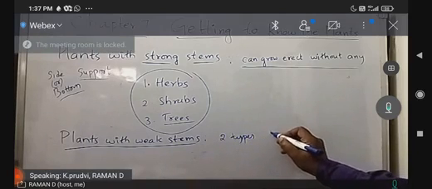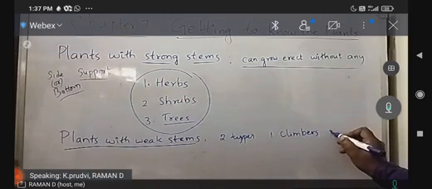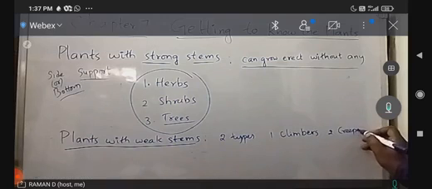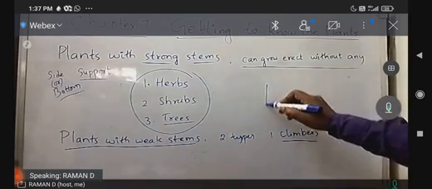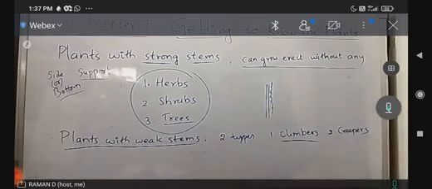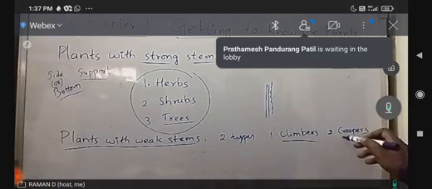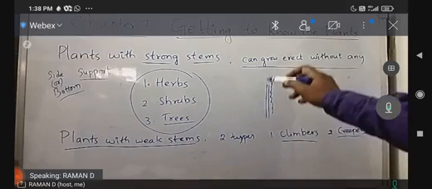Climbers take the support of some side structure and keep growing upwards. It may be some rod, some other plant's stem, or some stick, sometimes even a ladder. Any side support structure, they take it and they will grow.